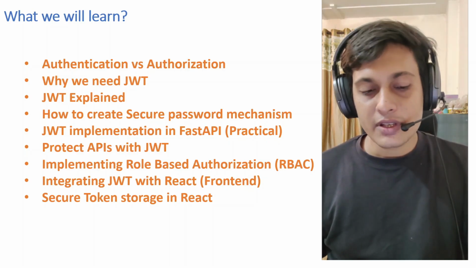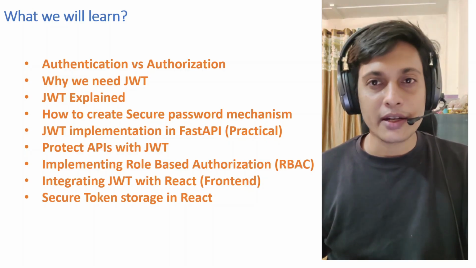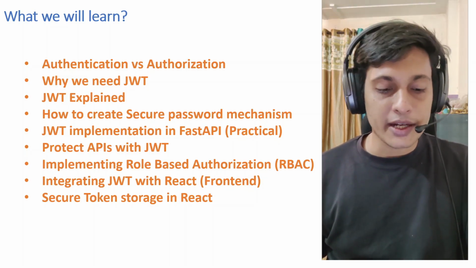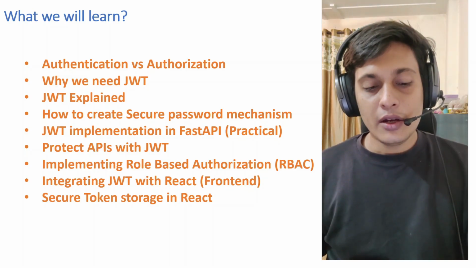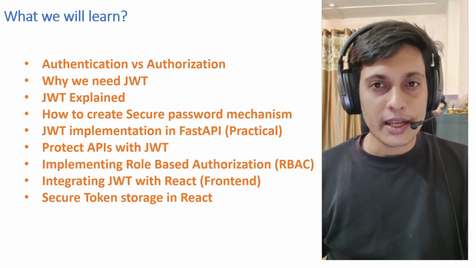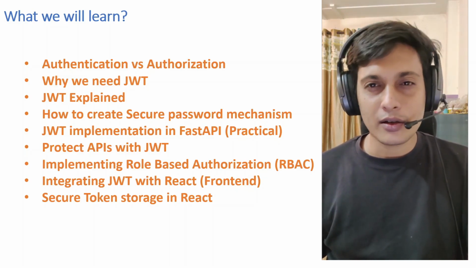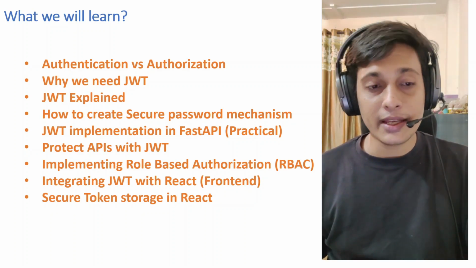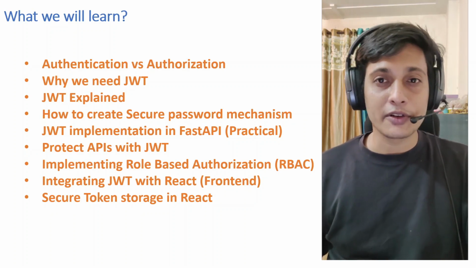The token is generated by our backend, but it's our duty to store this token in a way so that a hacker or some other websites cannot use it. Okay, so this is the complete thing which we will learn in this particular video.